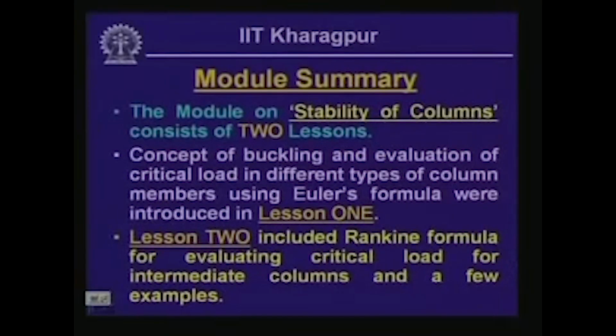In this lesson we have looked into the different phases of the column: the short column, the long column and the intermediate column, and then the critical load corresponding to the intermediate column, and the formula applicable for evaluating it, which is that given by Rankine. These are the 2 lessons which we had, and consequently we looked into some examples which can be evaluated using these formulae.